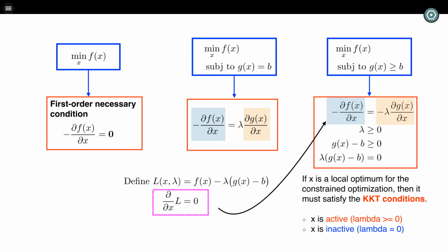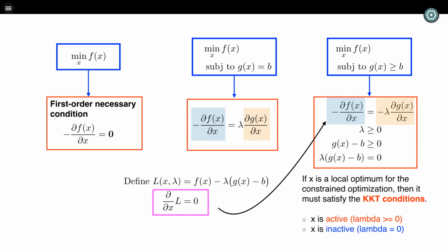The rationale is that if x is a local minimizer, and if f(x) is convex, then local is the same as global. Let's just talk about the general case. Any x which is a local minimizer is one of the candidates for the global minimizer, and that local minimizer must satisfy this condition.